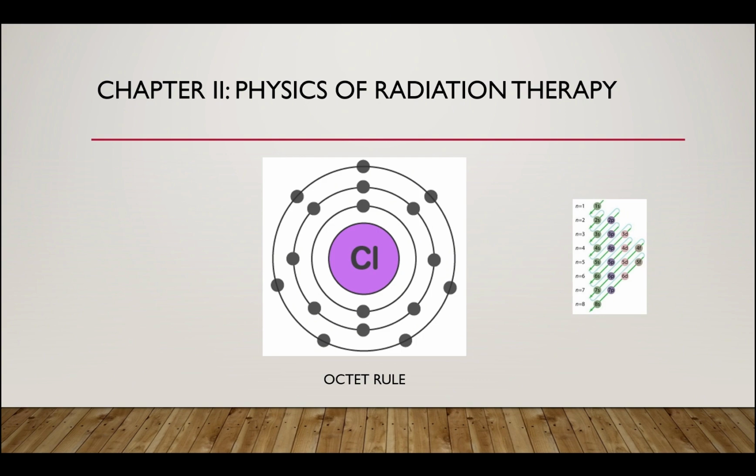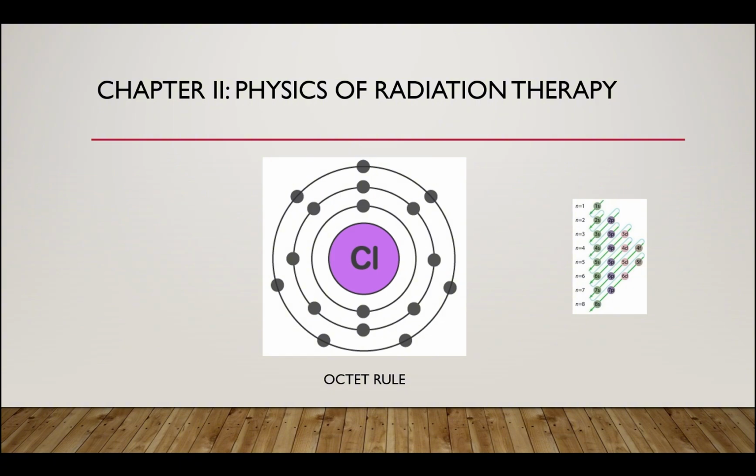So for our example here, this element has 1, 2, 3, 4, 5, 6, 7, 8. It has 8 electrons on its outermost shell. So that means that this element belongs to group 8 in the periodic table. And also, remember that the electrons in the outermost shell determine the valence of the atom.